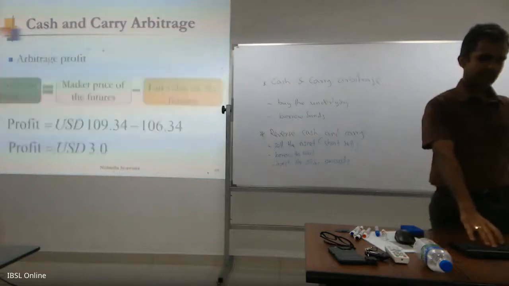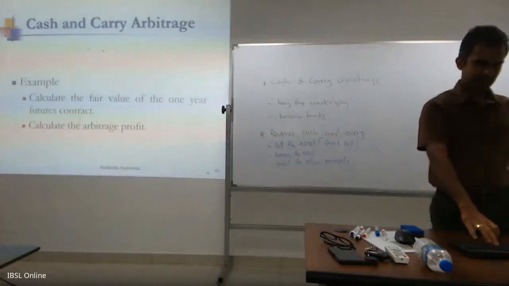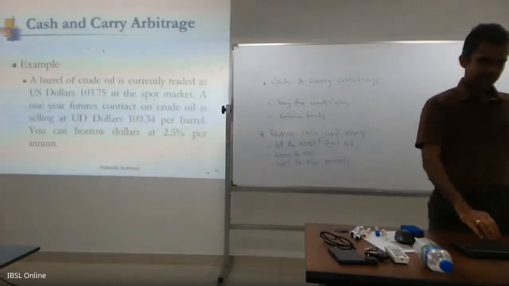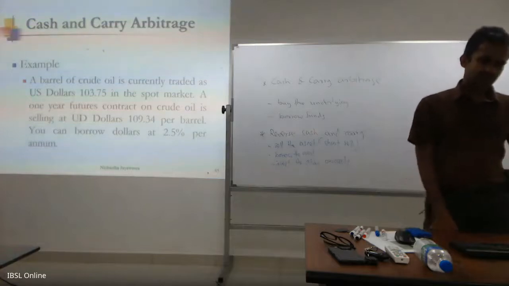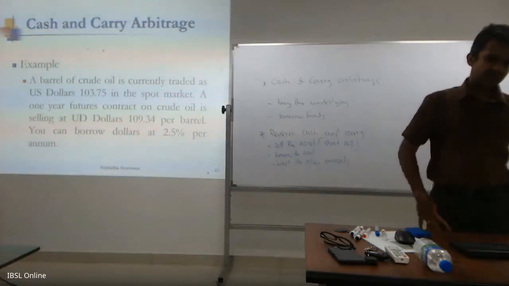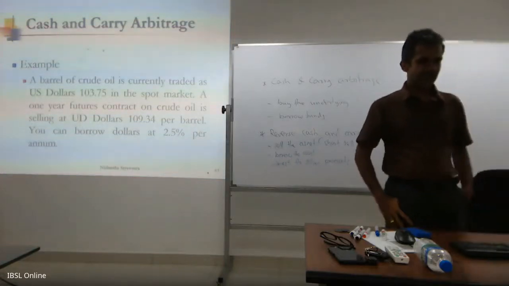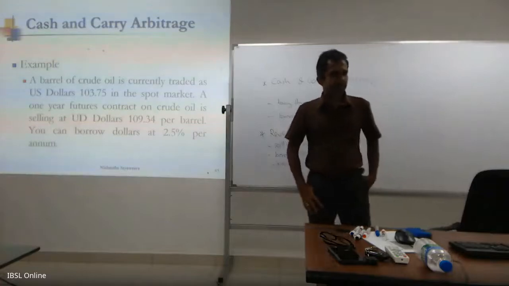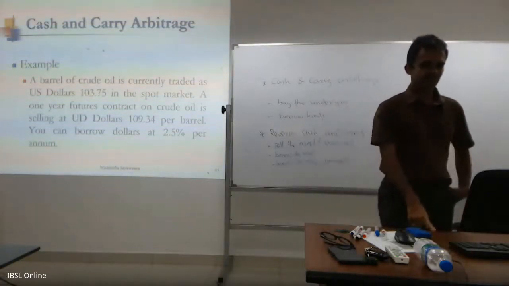Do you want me to go through this again? Arbitrage rate. Cash price is given. The barrel of crude oil is currently traded at $103.75, and the futures is trading at 109.34.